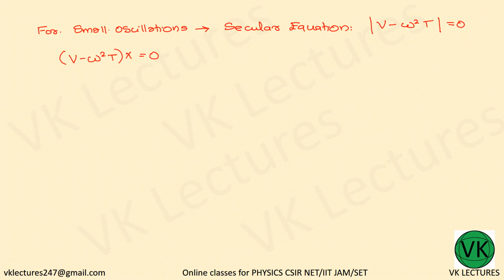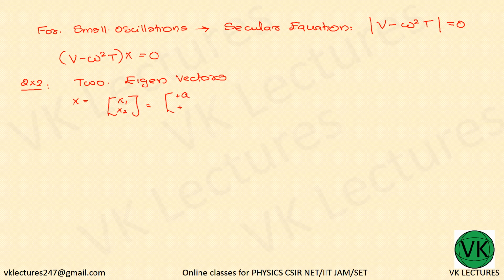Now from here, if it is a 2 by 2 matrix, we will have two eigenvectors when solving this equation. So x1, x2 would be either similar, which can be plus and plus, some values we can write plus a plus b. Now this implies the oscillation is symmetric.